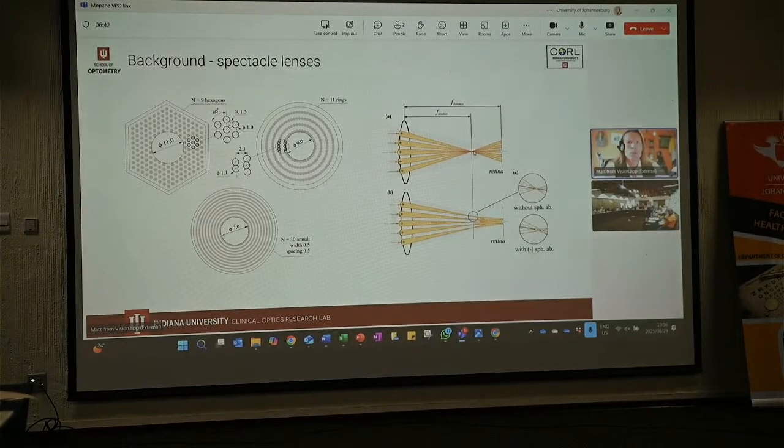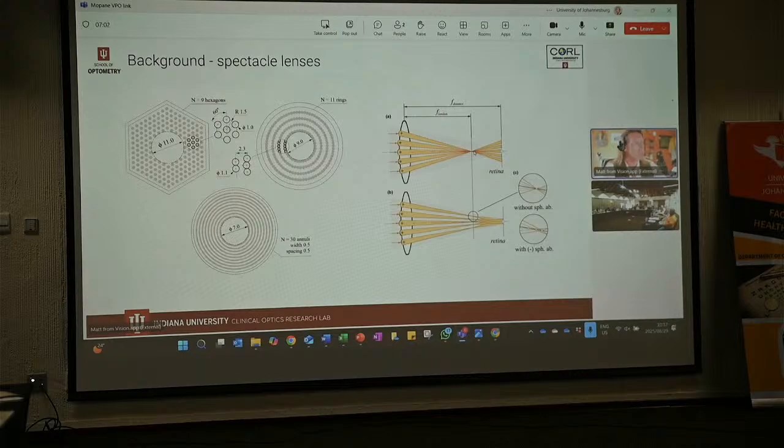Today the world is full of new and interesting optical designs for spectacle lenses and contact lenses, both for myopia control and for remedying the effect of presbyopia.